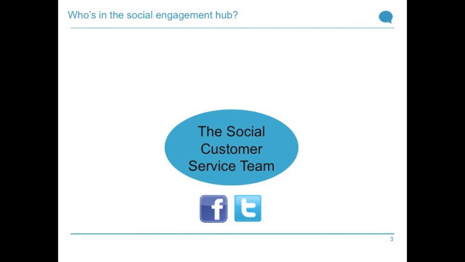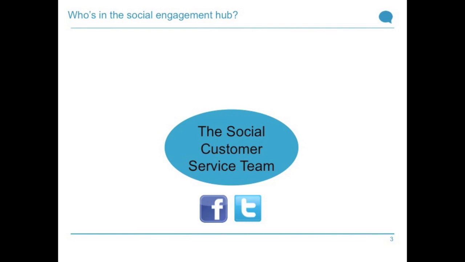So this is really the first of our webinar series. This is looking at how you should organize your social engagement team. We've looked at a load of best practice from industry leaders, people like Gartner, who are developing what this social engagement team should look like. And what we've come to see from this is having a social customer service team at the center of your engagement.